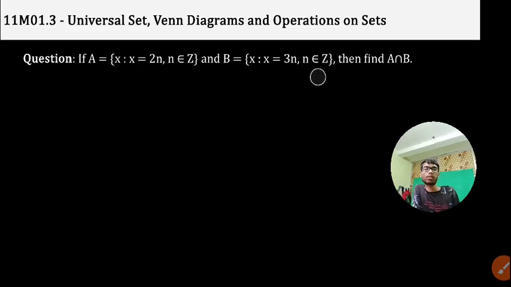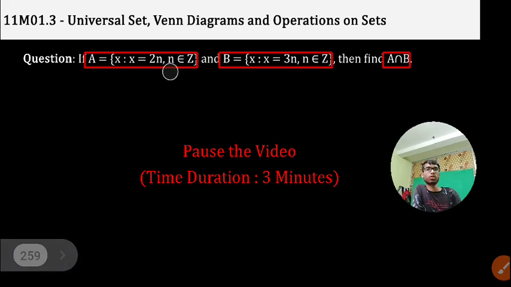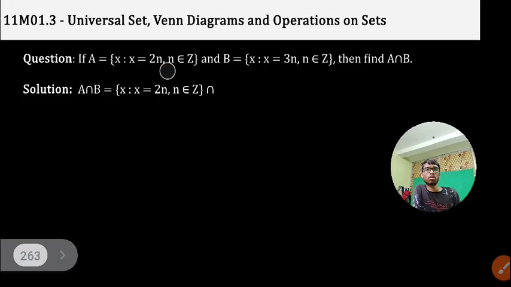And then what is happening? 3 times 3 is 9, 3 times 4 is 12. We are getting numbers that are also even numbers. So the intersection would be 6. Yes, 6. Whatever are even numbers in this will be in the intersection.